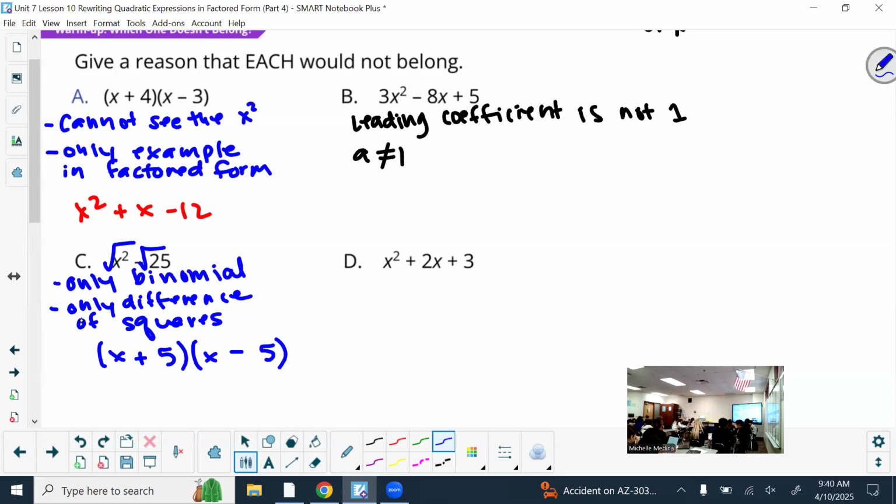Lastly, table 4. Why does equation B not belong? Okay, it's the only one with no negative signs at all. Anyone else have another reason why it doesn't belong?